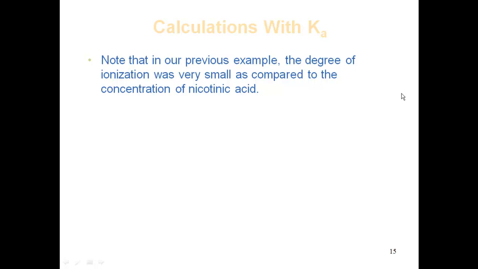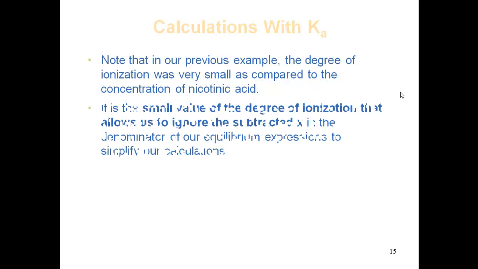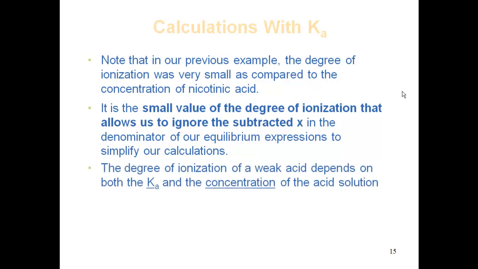Note that in the previous example, the degree of ionization was very small as compared to the concentration of the acid. It was the small value of that degree of ionization that allowed us to ignore the subtracted X in the denominator of our equilibrium expression to simplify that calculation. The degree of ionization of a weak acid depends on two things: the Ka, and the concentration of the acid solution.